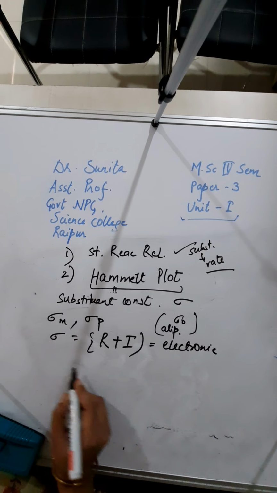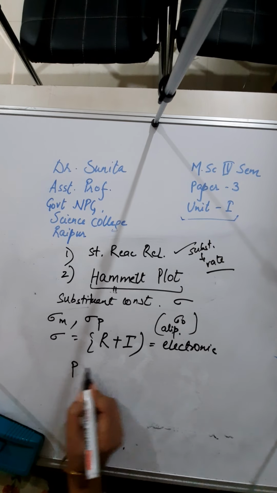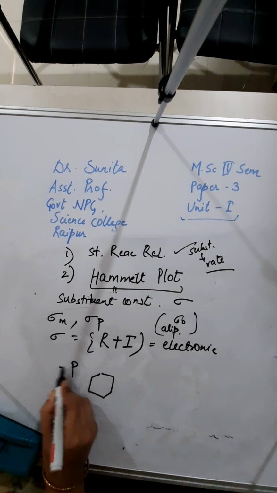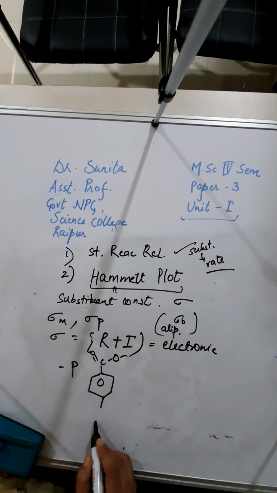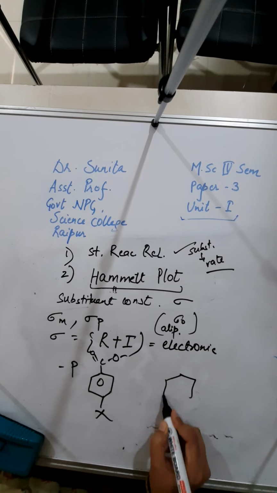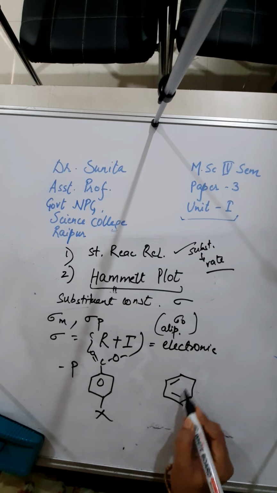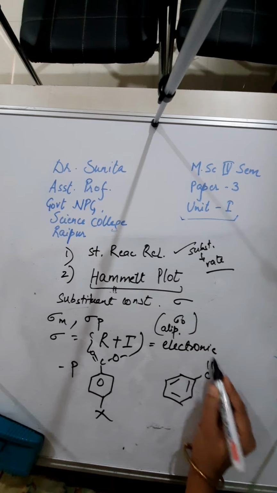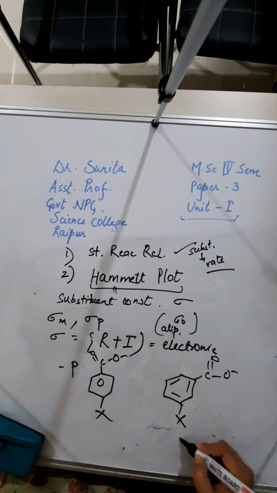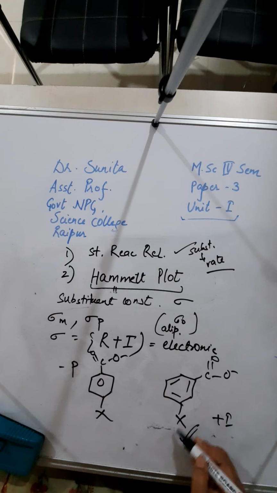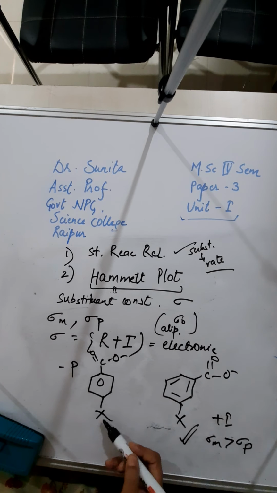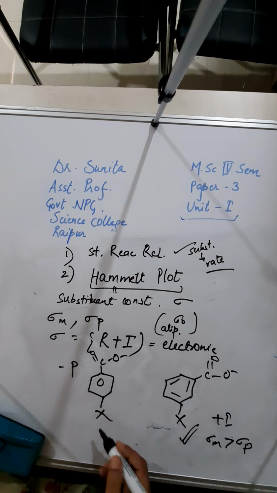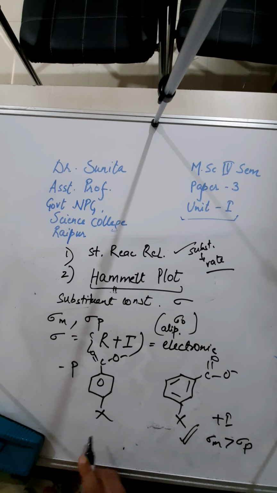Now, if we see the para substituted C double bond O, O negative, and suppose we have some X here, in the meta position the plus I effect is more due to the proximity of the groups. So sigma M is more than sigma P. But in the para position the stabilization is more because the electron withdrawing nature is reaching ultimately to the negative side.